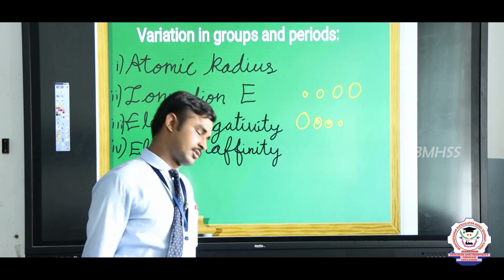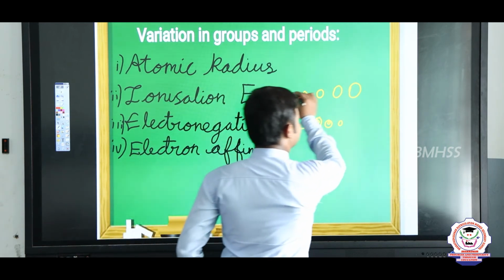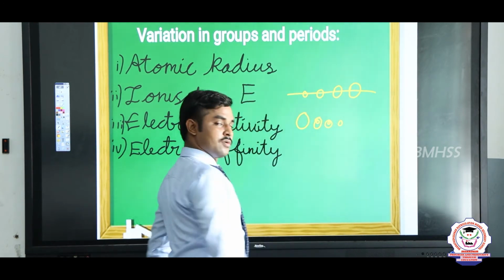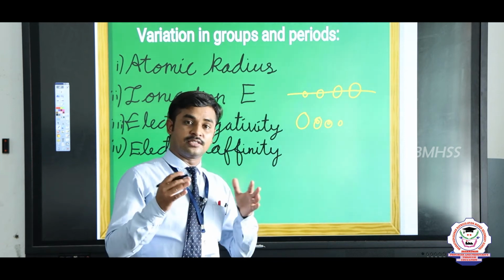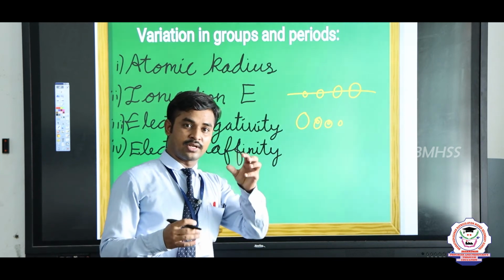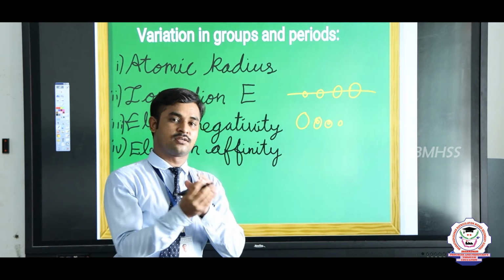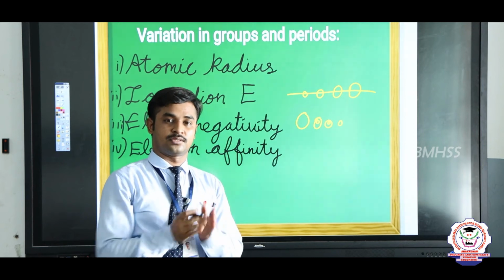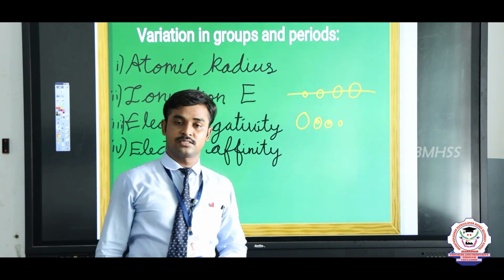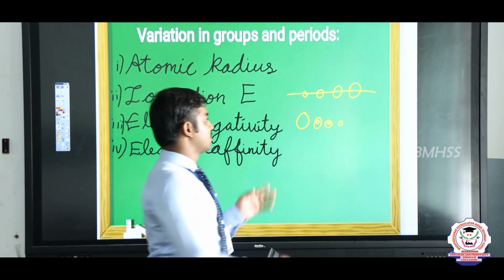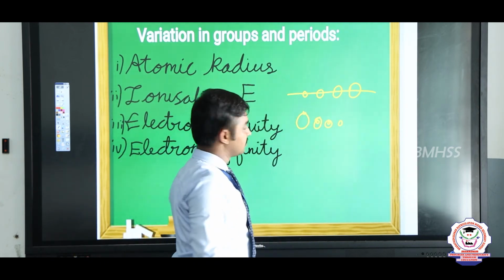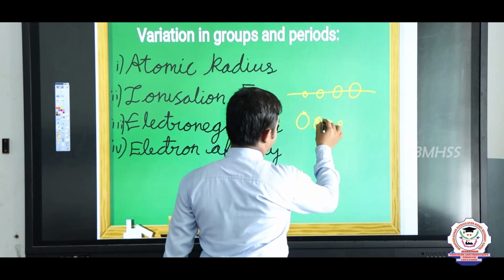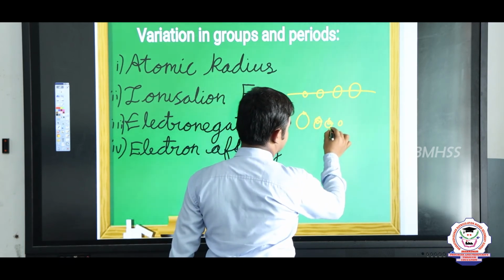Yes, it decreases. Good. The atomic radius decreases and does not increase. Why does the atomic radius decrease? Because the distance between the nucleus and the outermost electrons is reduced. The first element contains one electron in the outermost valence shell, the second atom contains 2 electrons and the third one contains 3 electrons.